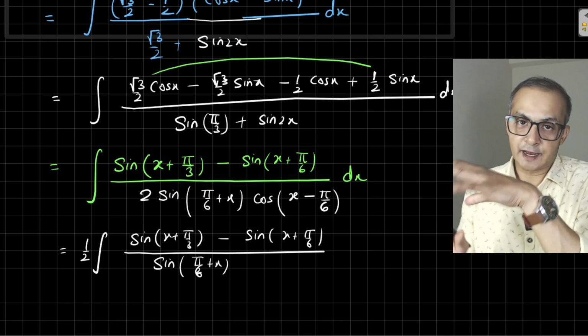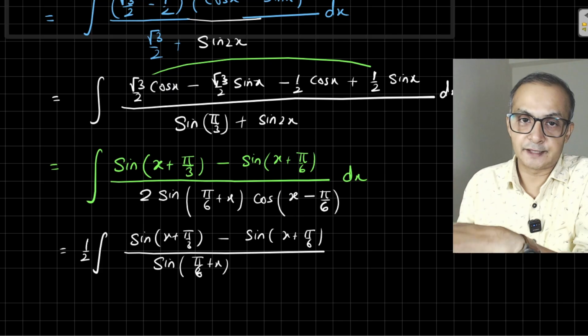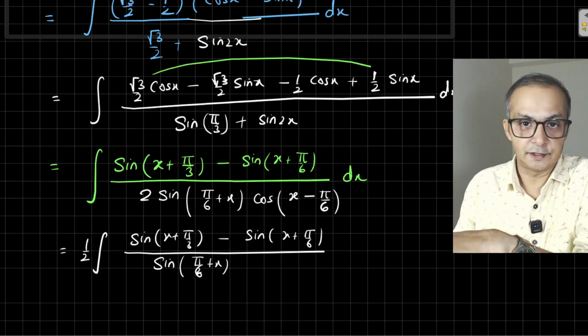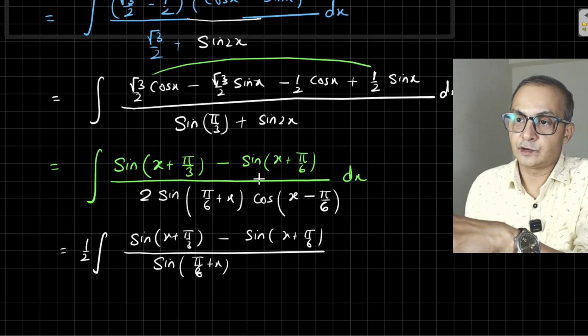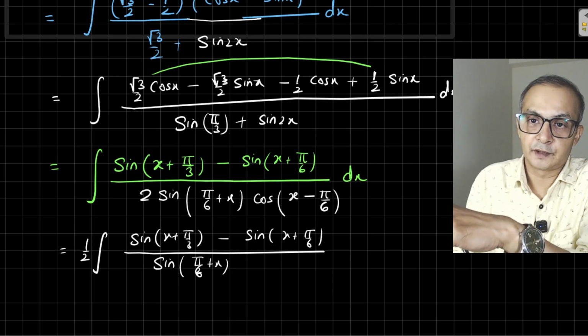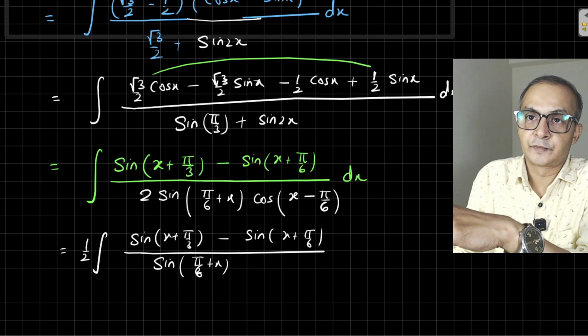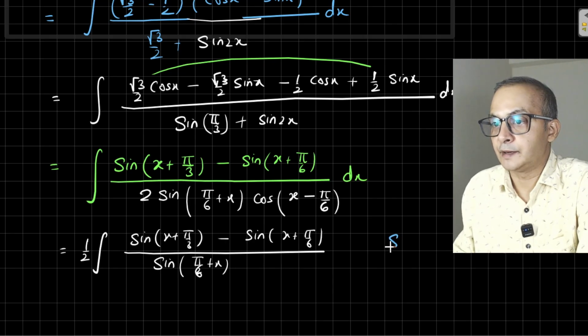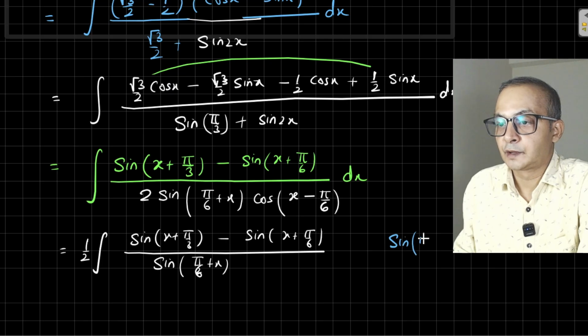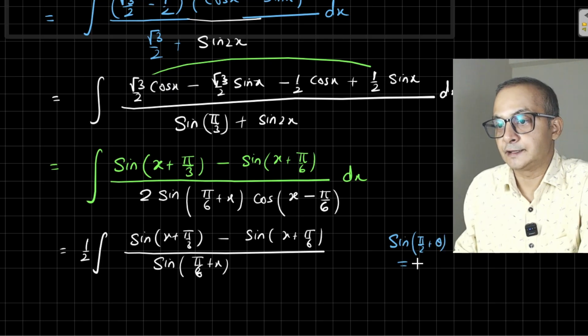Now you know that sine of pi by 2 plus theta is cos theta. There's no negative sign in front. Let me just indicate what I want to say in blue. Sine of pi by 2 plus theta is cos theta.